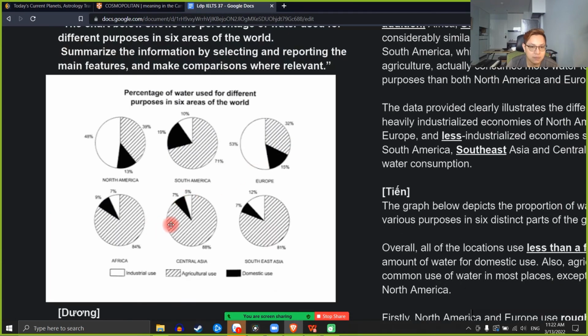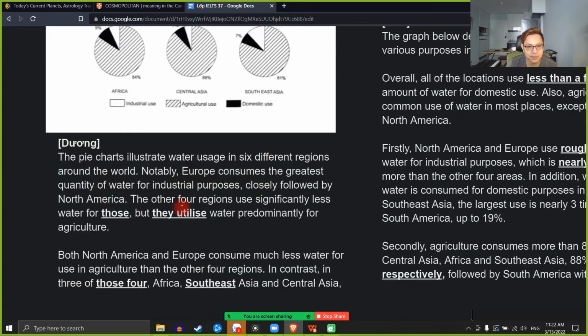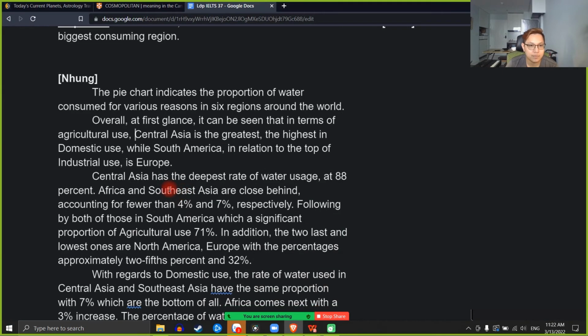Central Asia. Wait, nó không phải là the biggest in domestic use. This is only the biggest in agriculture use, 88%, but it's not the greatest in domestic use, okay? And the highest. Wow, là cái khác này. Cái câu đó là khác.